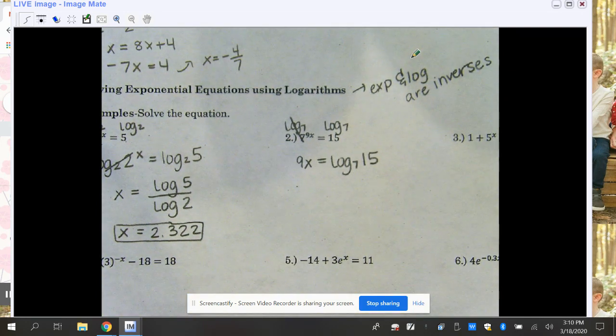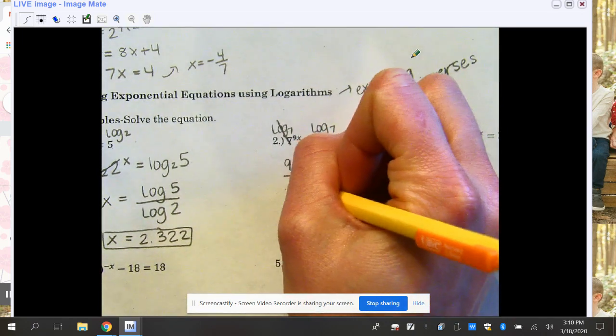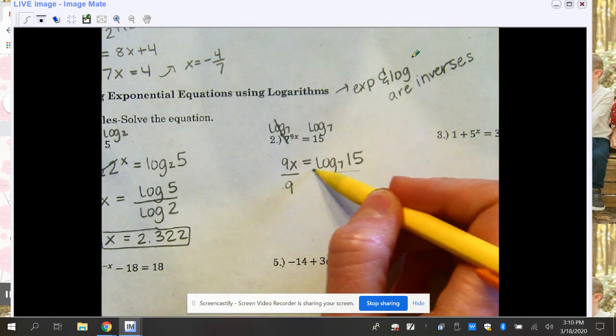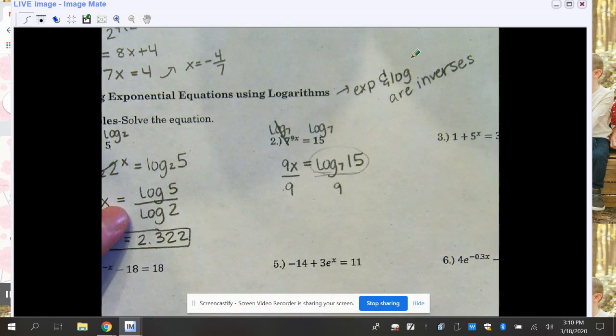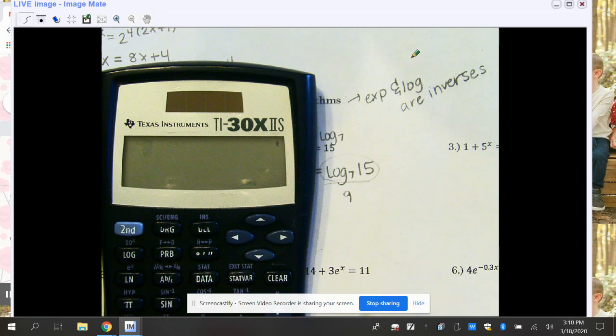So this is where your calculator is going to come into play here. We have to make sure we type that in carefully. So I still need to get this x by itself by dividing both sides by 9. But you want to make sure you evaluate that log first. You don't necessarily have to write it out like that. Now that we've been doing this for a couple of days, you can just do that as you see it.